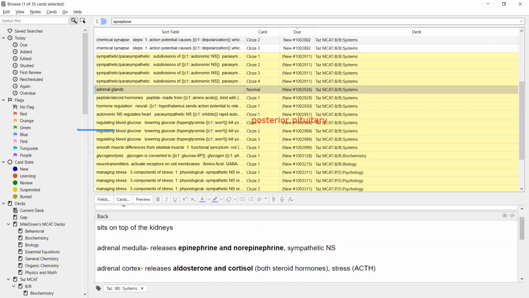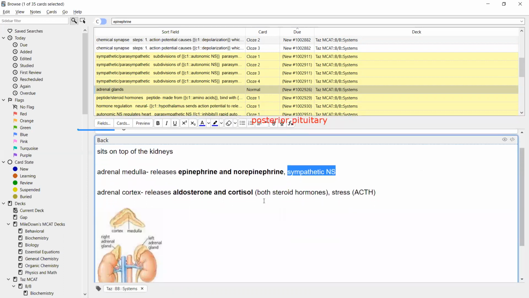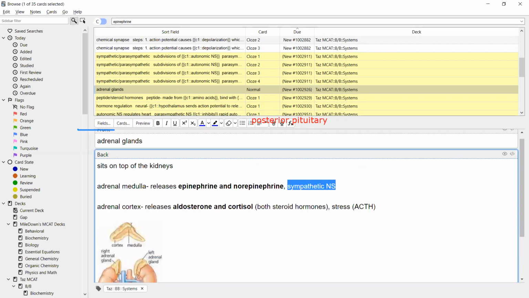I think it's just through the sympathetic nervous system. That's why it's a little confusing, and you need to know what's causing things to be released. Since this is just the sympathetic nervous system innervating the medulla and forcing it to release epinephrine and norepinephrine, the pituitary is not actually involved, whereas aldosterone and cortisol are through the pituitary, through the ACTH.